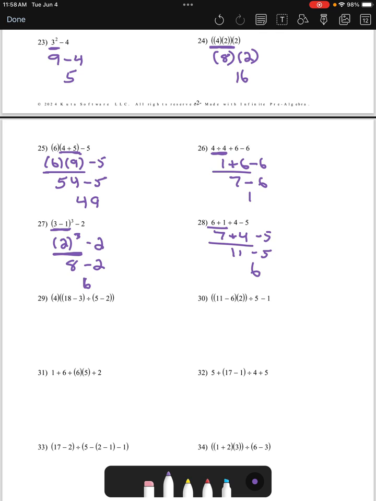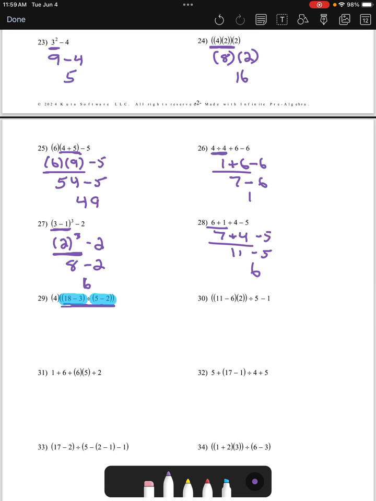In number 29, we have a big set of parentheses here that inside of it has two smaller sets of parentheses. This is going to be an instance where we can actually work both of those at one time.